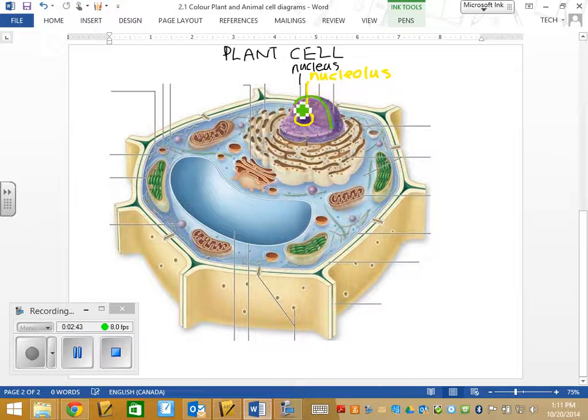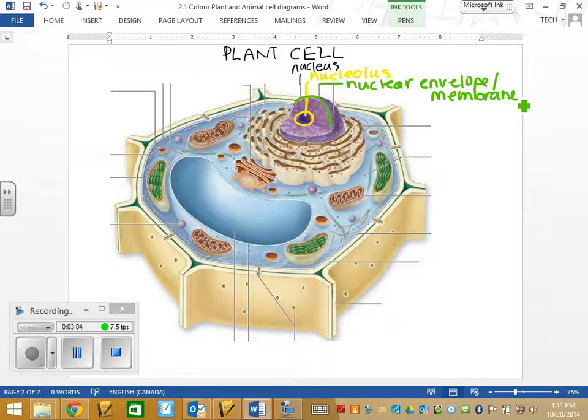This sort of film or envelope that is around the nucleus is sometimes referred to as the nuclear envelope or just simply the nuclear membrane. Either one is fine for me.